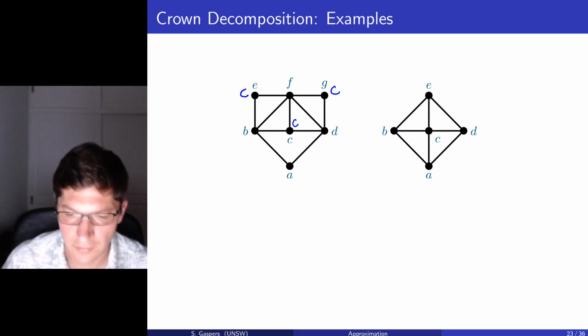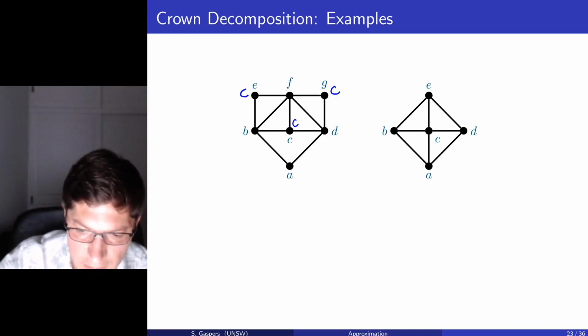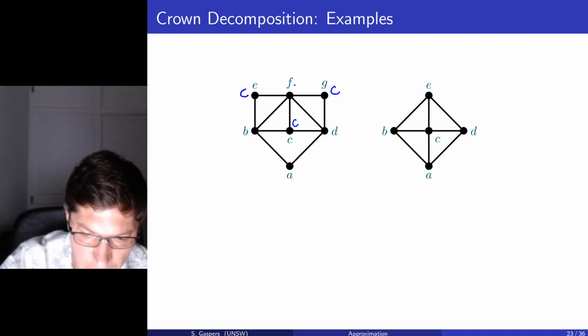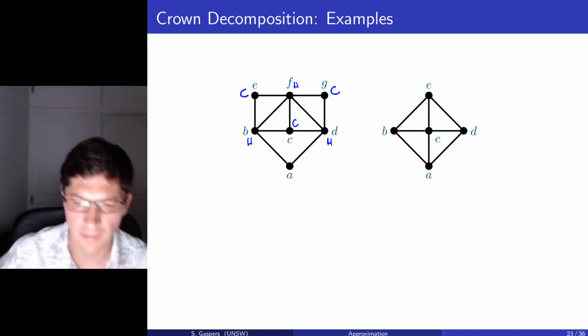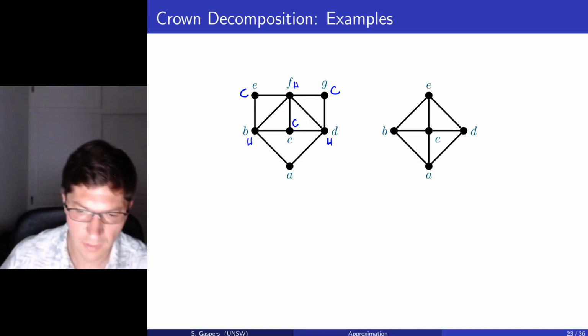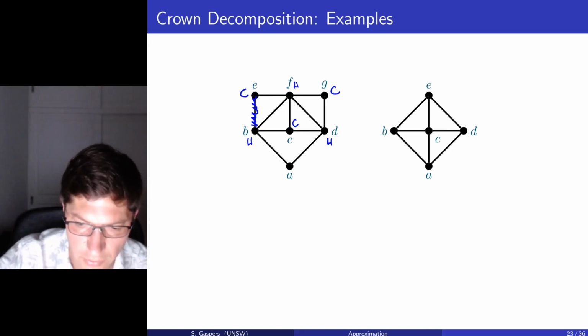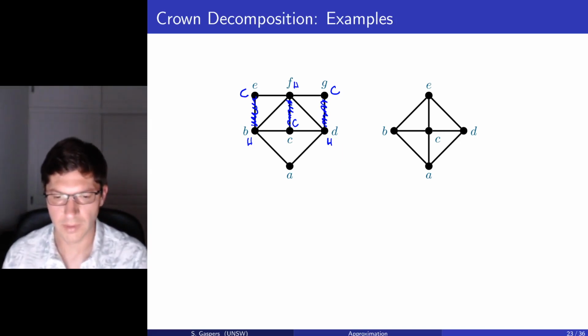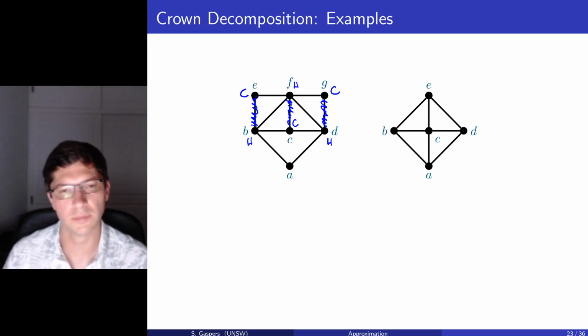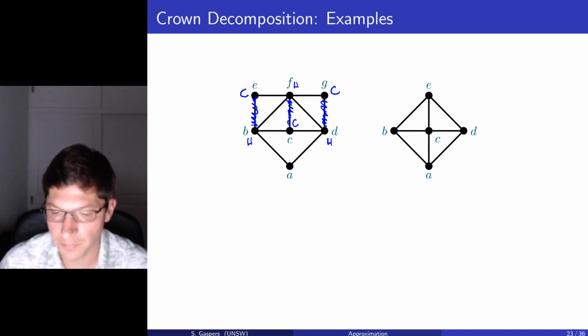Now in the head, I have the neighborhood of the Quown, so F is in my head, D is in my head, and B is in my head, and A is in the body. And this matching exists because I can match every vertex from the head to a vertex of the Quown. So that's now a Quown decomposition for the first graph. What about the second graph? How could a Quown decomposition look like?